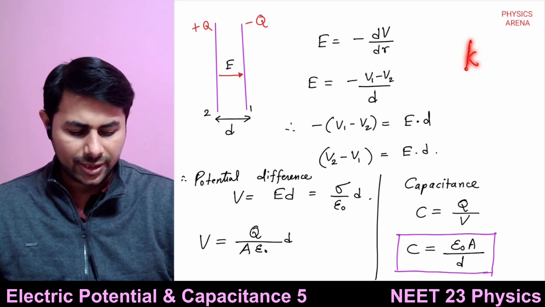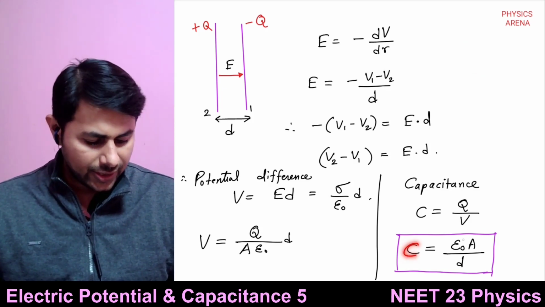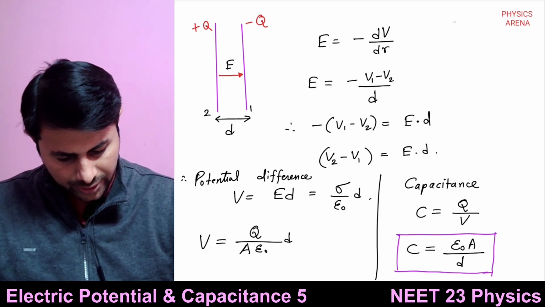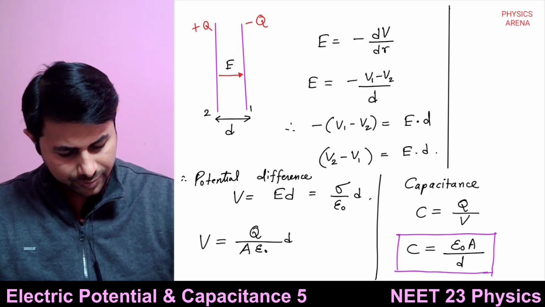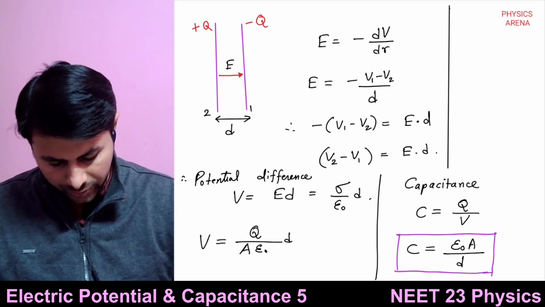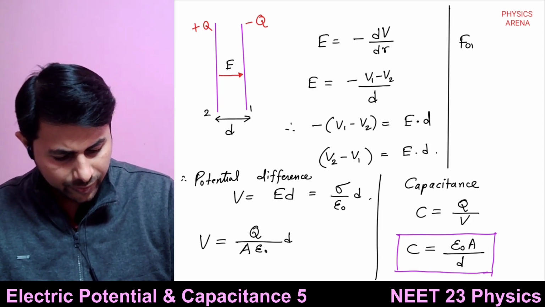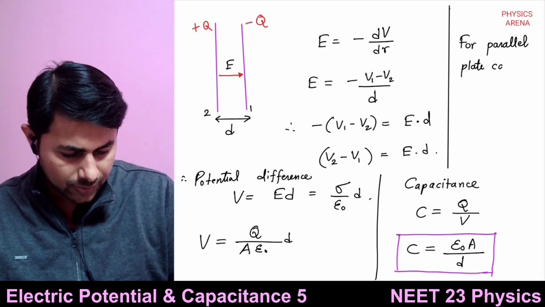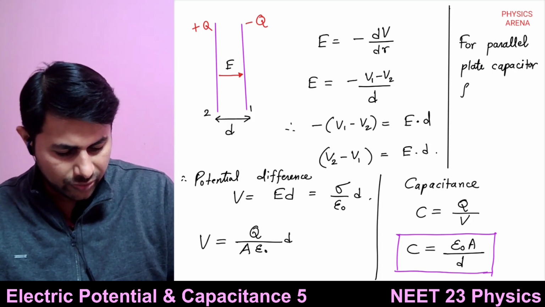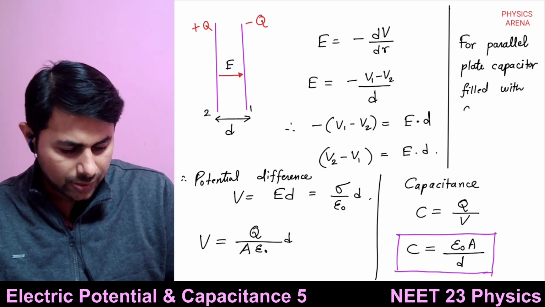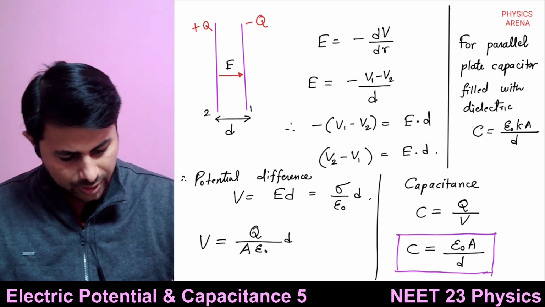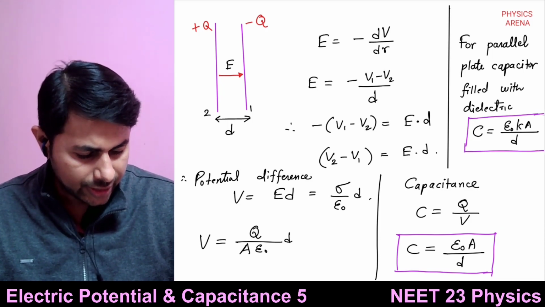So it will have some dielectric constant K. Okay, so capacitance in that case will be K times epsilon naught A divided by D. So for a parallel plate capacitor filled with dielectric, C is equal to K epsilon naught A divided by D. Okay, this will be the formula.